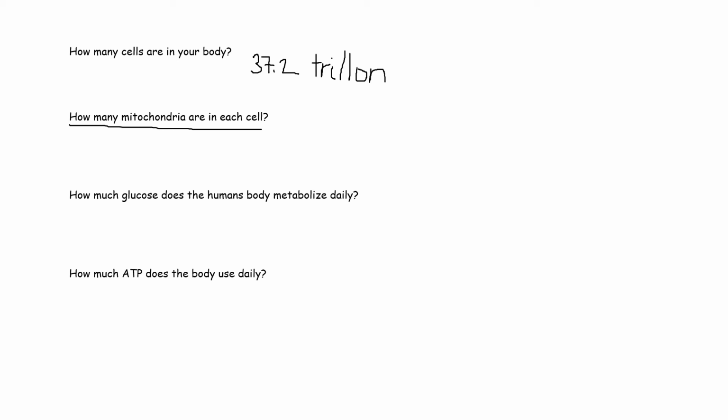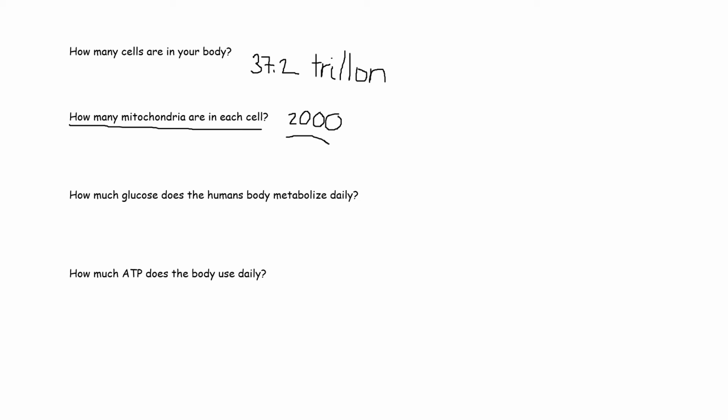Also the brain, and we're going to take a look at that too. But on average, there are about 2,000 mitochondria in one cell.